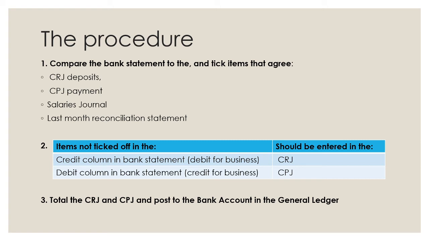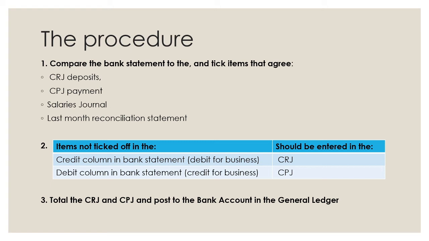So the first things first, you're going to compare your bank statement to, and you're going to tick items that agree. So first you're going to take your bank statement, and you're going to take your CRJ, and you're going to highlight all your credit. Now remember, it's going to be on your credit side, all the deposits that you received. On your bank statement, it's going to be on the credit side.